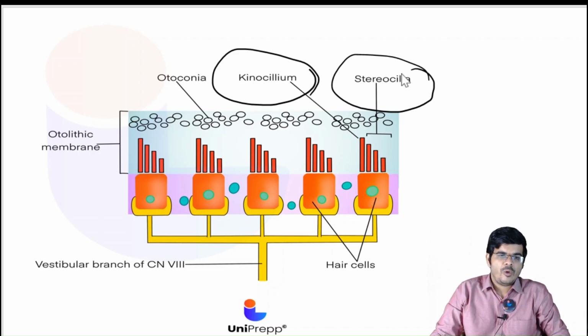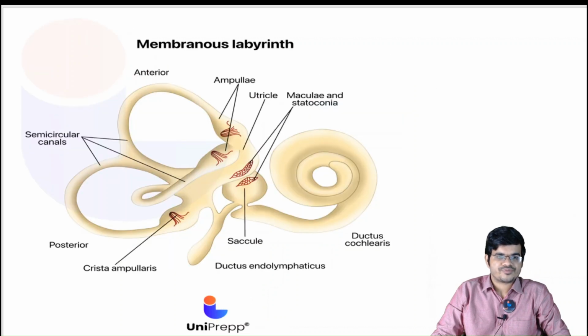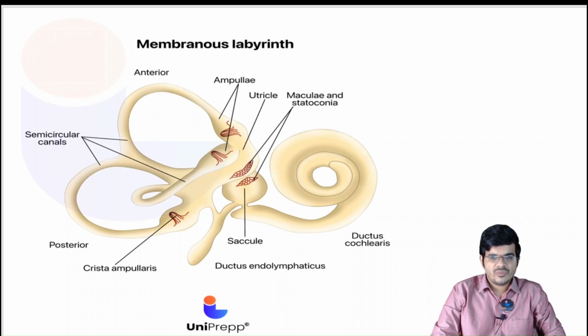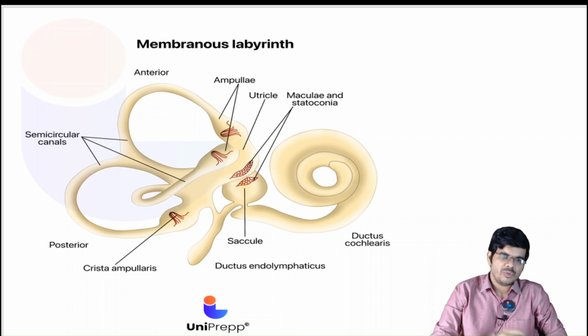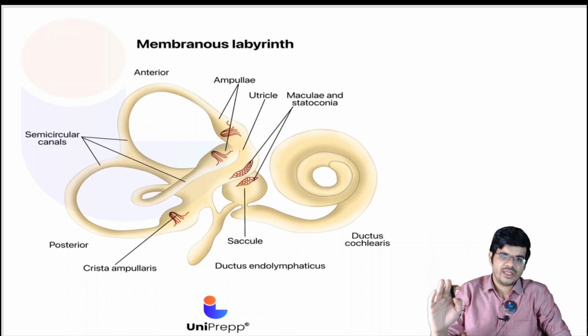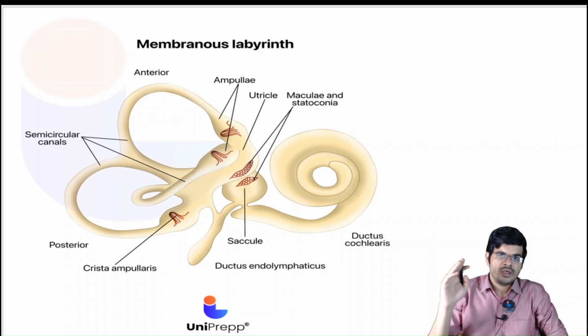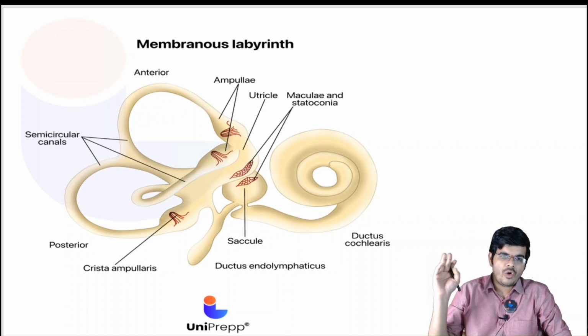And how are they getting stimulated? Okay, as you can see in this figure, you have these otoconia within the utricle and the saccule. Okay, and what happens is that with movement the stereocilia move towards the kinocilium, and because of that movement electrical signals are generated, and this movement is occurring over the area of the otoconial debris.